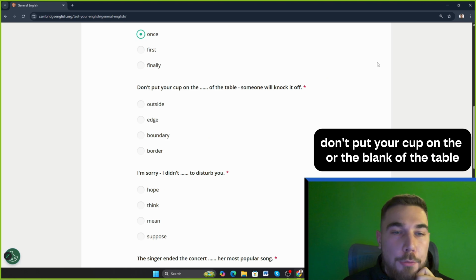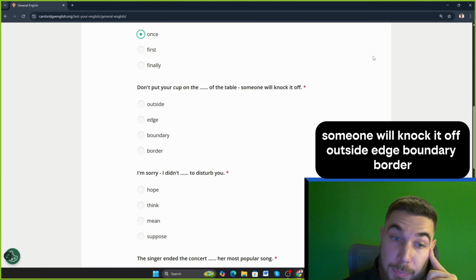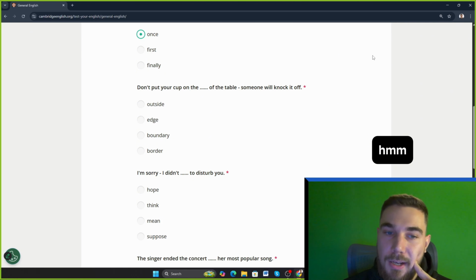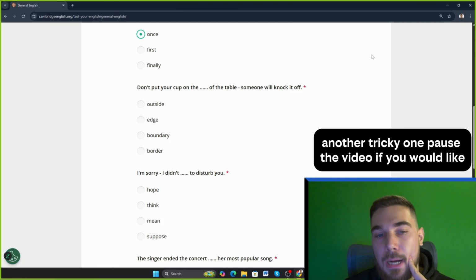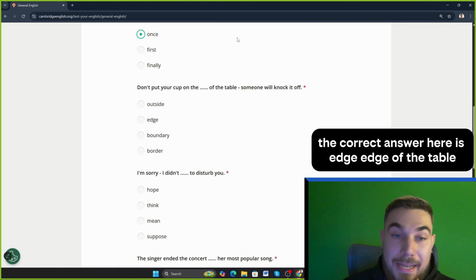Next up, don't put your cup on the blank of the table. Someone will knock it off. Outside, edge, boundary, border. Another tricky one. Pause the video if you'd like. But the correct answer here is edge.